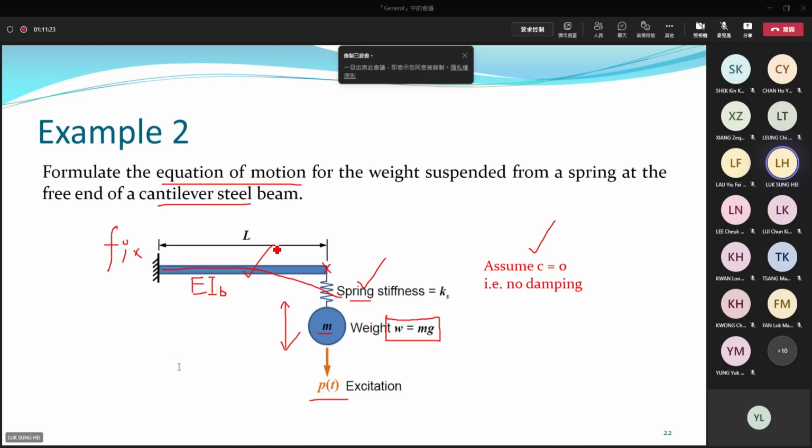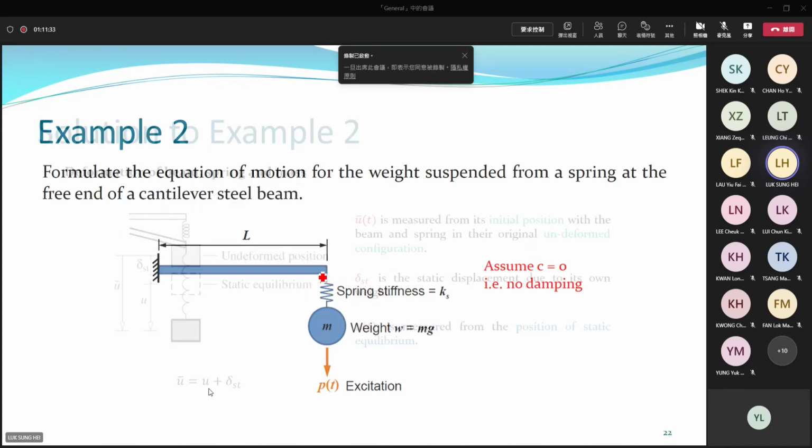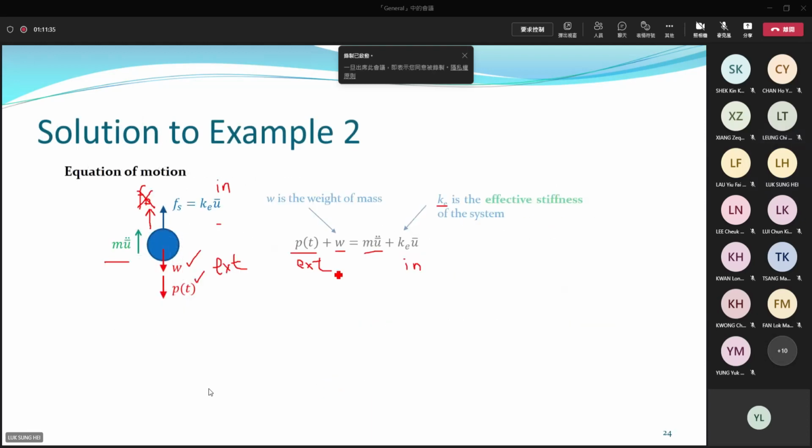You can also express the stiffness using the beam property. When you combine the stiffness of the beam and the spring together, it becomes the so-called effective stiffness. I will mention how to calculate effective stiffness later. Think about it yourself at this moment: can we use a parallel system right here?